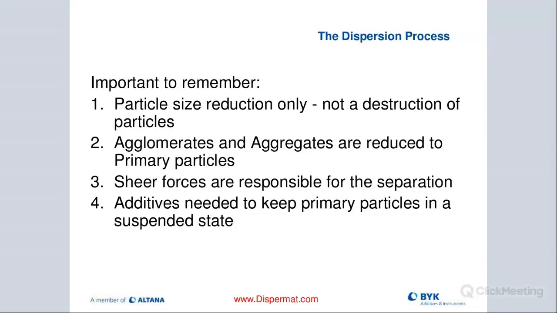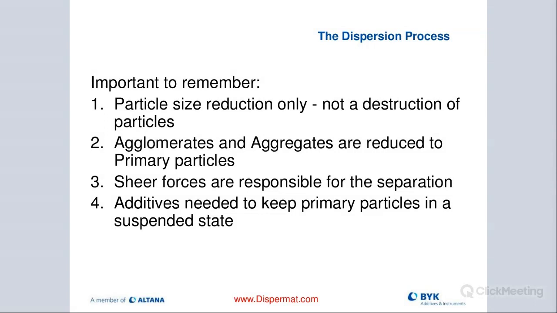It's really important to keep in mind that we're really only reducing the particle size. We are not trying to destroy our pigment particles. Some people think, because we are employing a shear, a blade or a cow's blade, the teeth will actually chop these pigments up. And that's not really what's happening there. We're really just trying to break up these binding forces and basically turn these larger pigment clusters, these agglomerates, into aggregates.